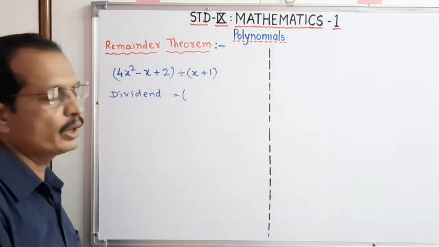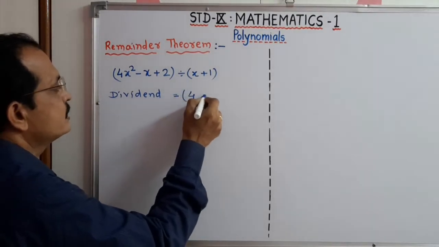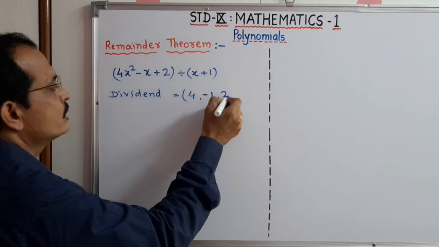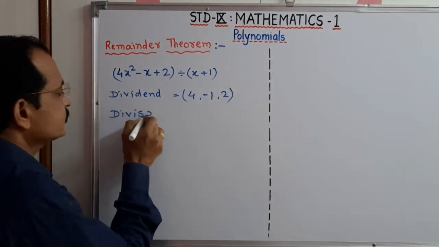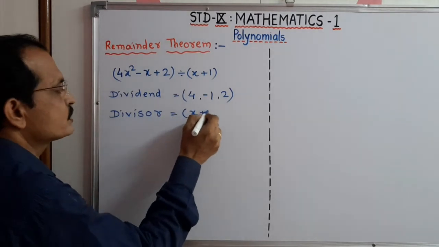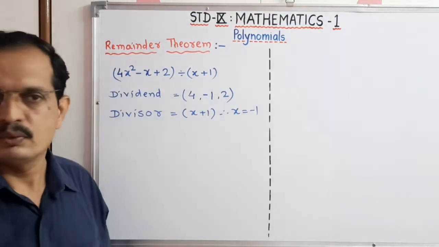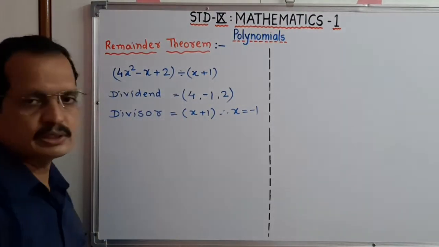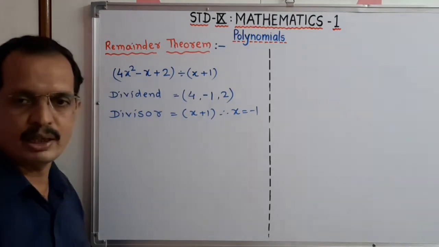Therefore directly we write the coefficient form: it is 4, then minus 1, and 2. Then the divisor is x plus 1. Therefore x is equal to minus 1. We have to take the opposite number of this. Here it is plus 1, so we take minus 1.